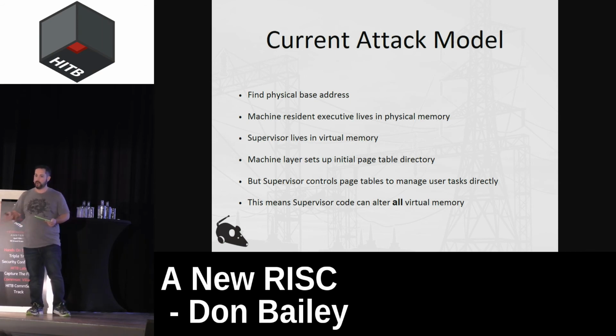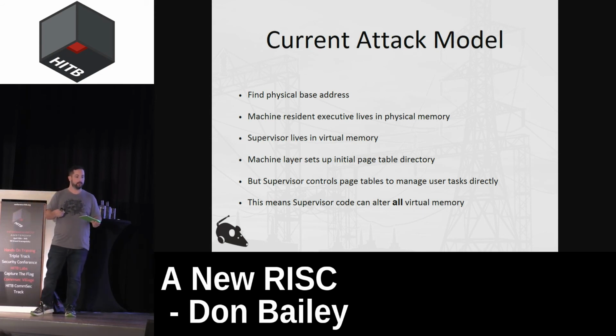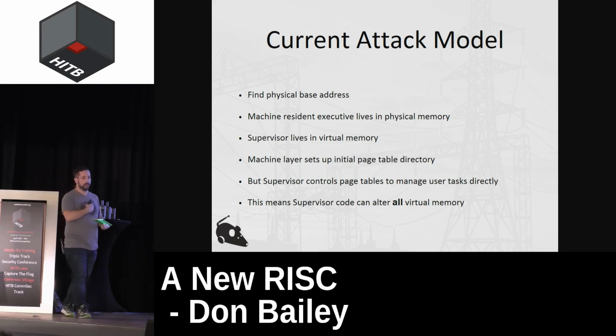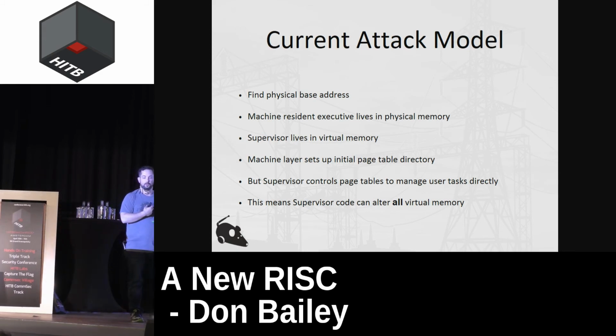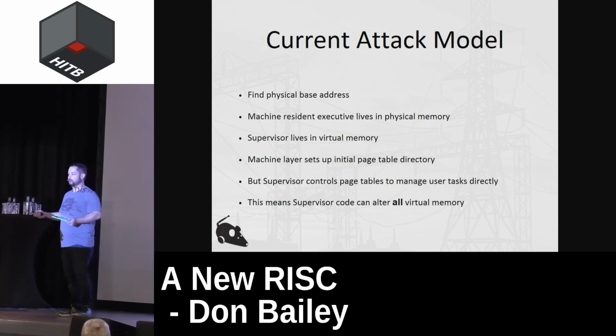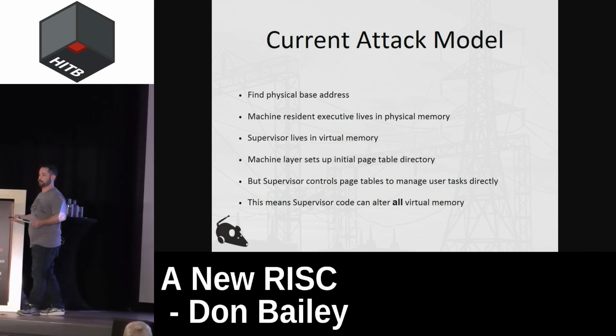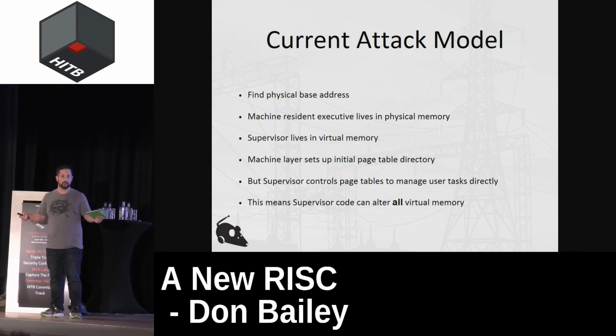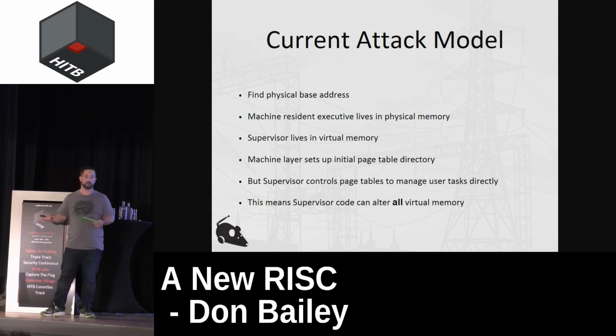Well, the problem with that is if at the machine layer you define what the base address of the page table is going to be in physical memory, but then you give the supervisor layer the privilege to alter the page tables in memory, all I do as an attacker is what? Somebody out there is thinking it, I'm sure. But you essentially create a new mapping to the physical region of memory that the machine executive code exists, create a virtual mapping for it in page tables, and then start accessing the virtual code, right?